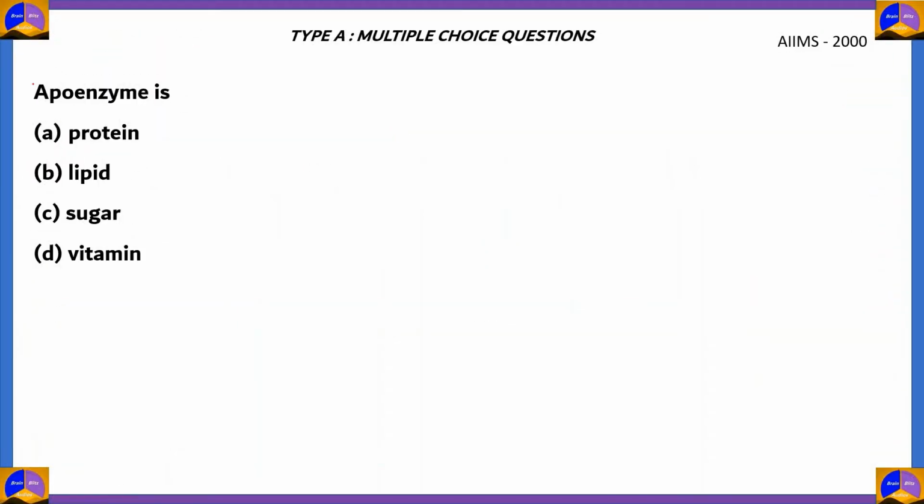Next question. Apoenzyme is A, protein, B, lipid, C, sugar, D, vitamin. Now, we know that enzymes are proteins, and the enzymes are further divided into apoenzymes and cofactors.